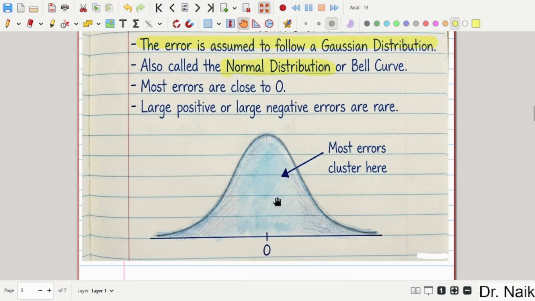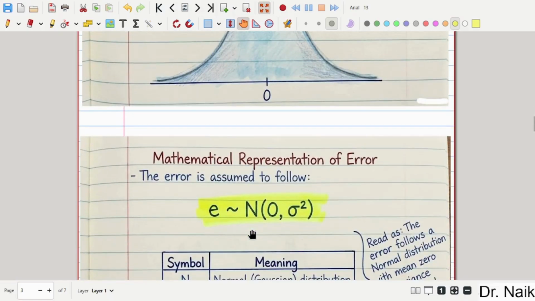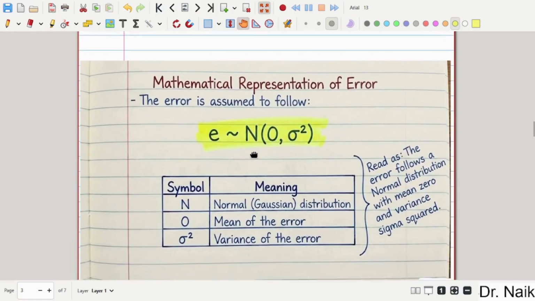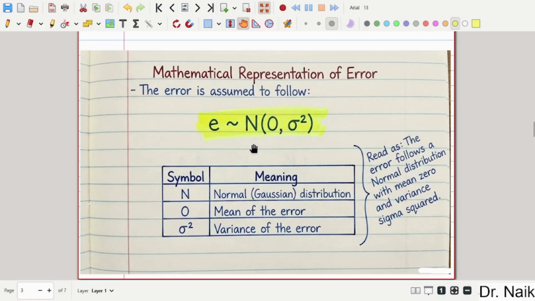So this is a Gaussian distribution curve, and most of the errors are in these clusters. The error is assumed to follow the normal distribution or Gaussian distribution.